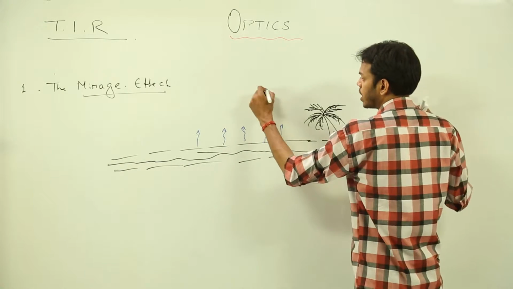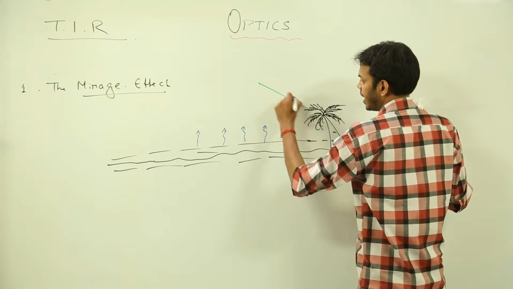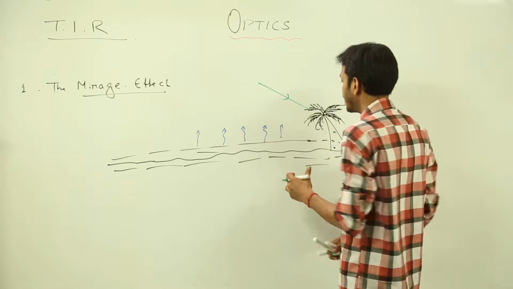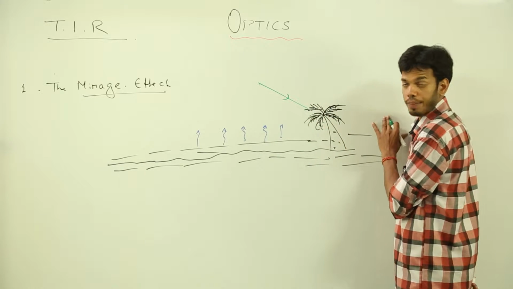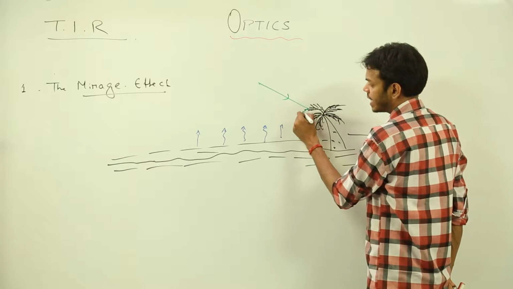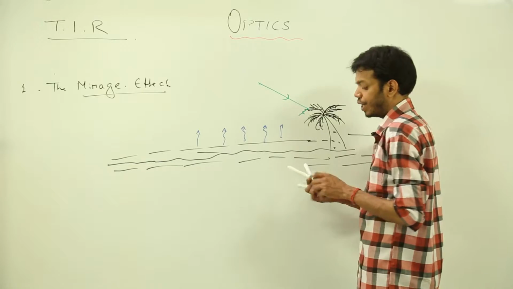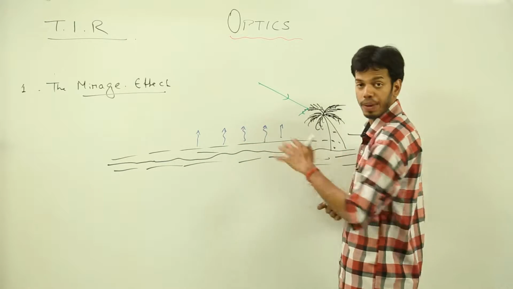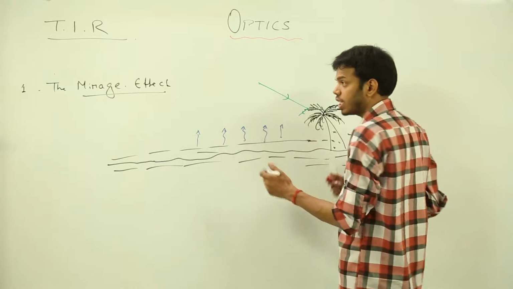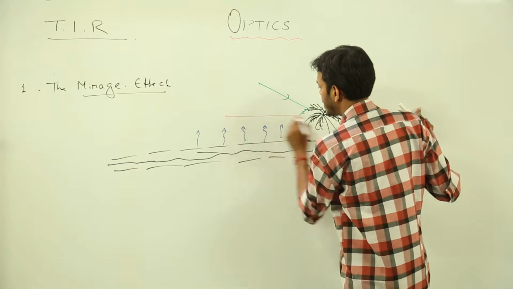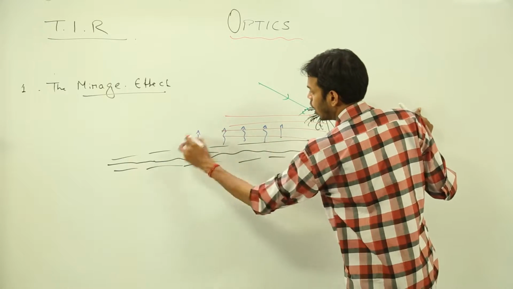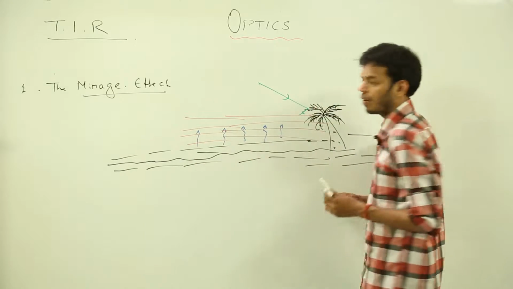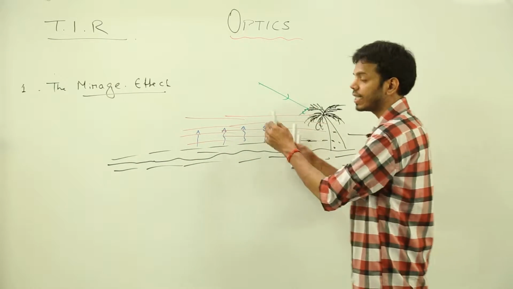So let's talk about this ray. I have a ray which is coming obviously from sunlight, and it is incident on the tree. It is reflected in this direction, but due to this temperature effect, the density changes. This whole region is divided into many small layers of different densities of air.